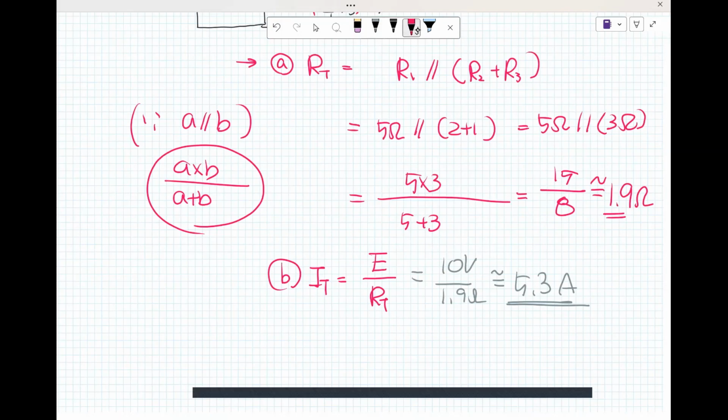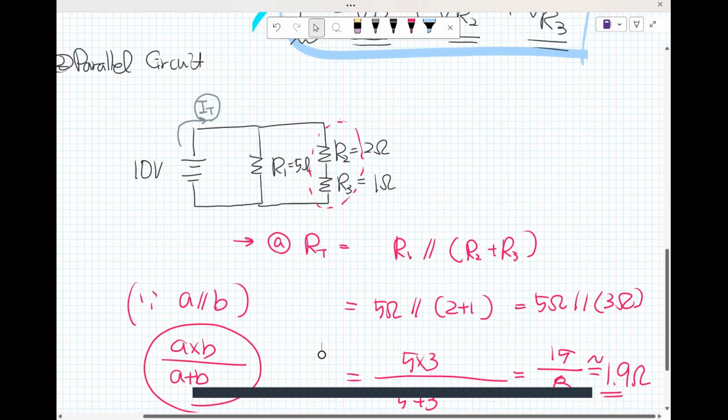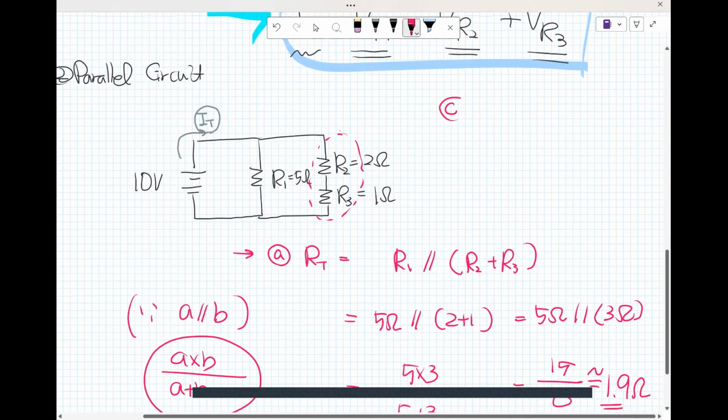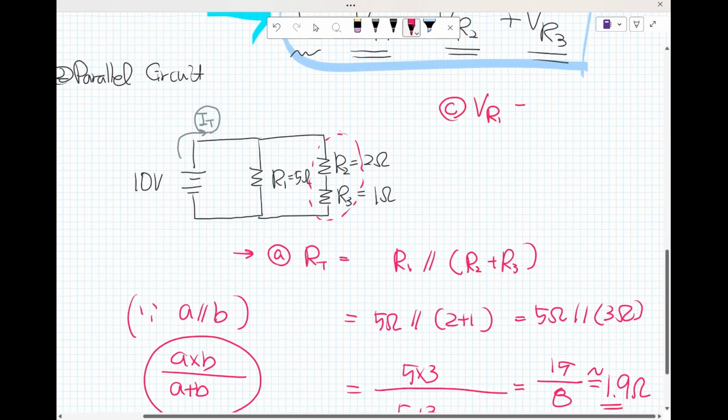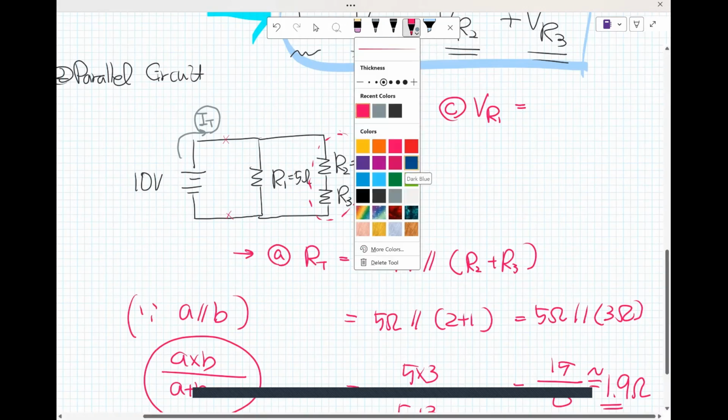Now, go back to the circuit. So what is V sub R sub 1? From here, we have to know in this circuit that between the two points there are no other components, so the voltage should be the same.